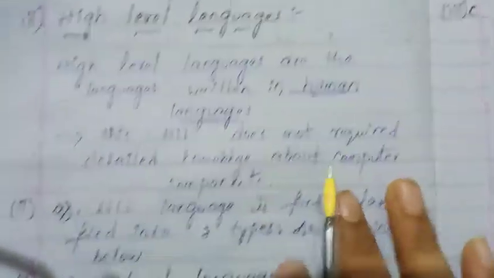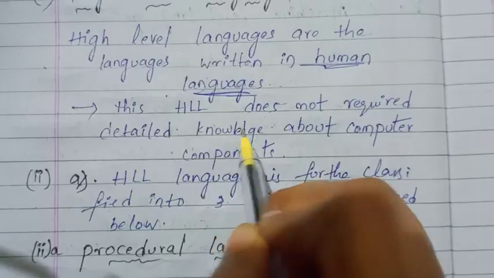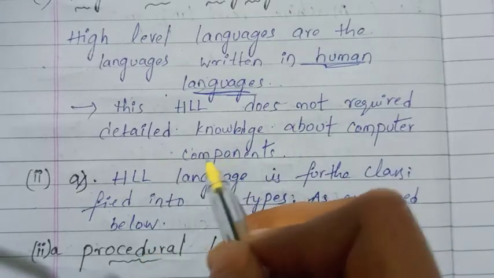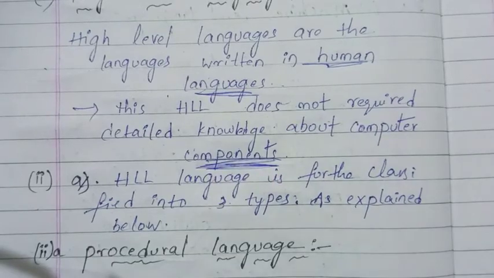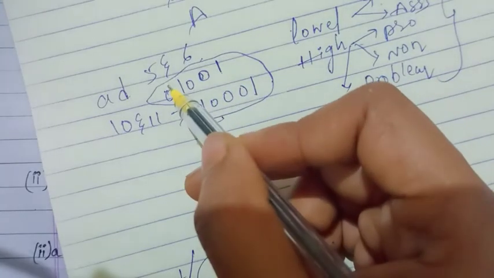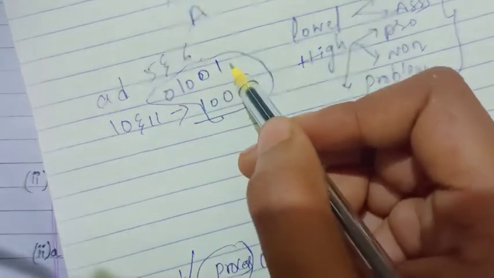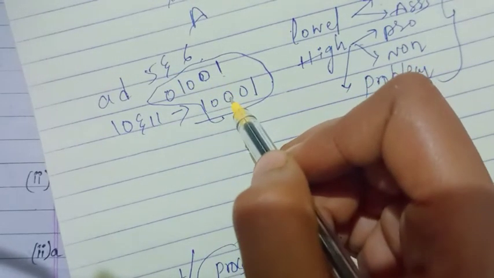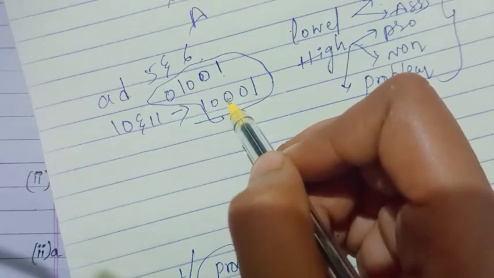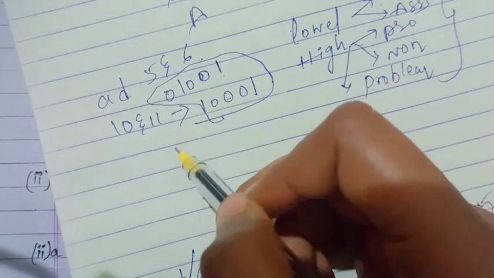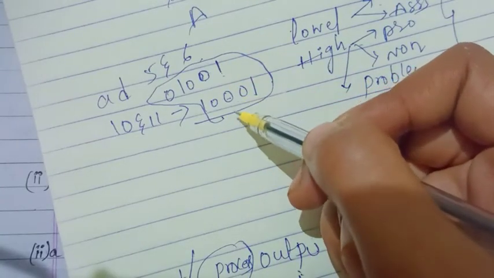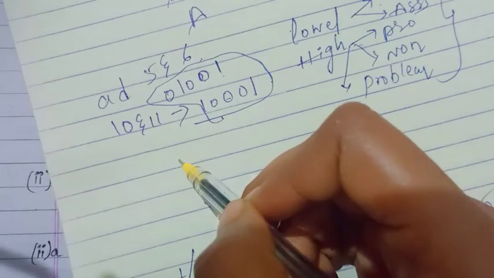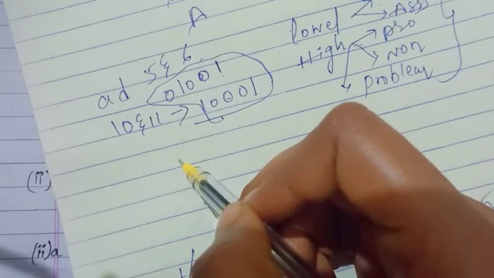So high level languages are written in human languages, and they do not require detailed knowledge about the computer components. In low level languages, the commands are written using zeros and ones, so we have to know a lot about the computer, because we have to understand what this 01, 001 means in the computer.